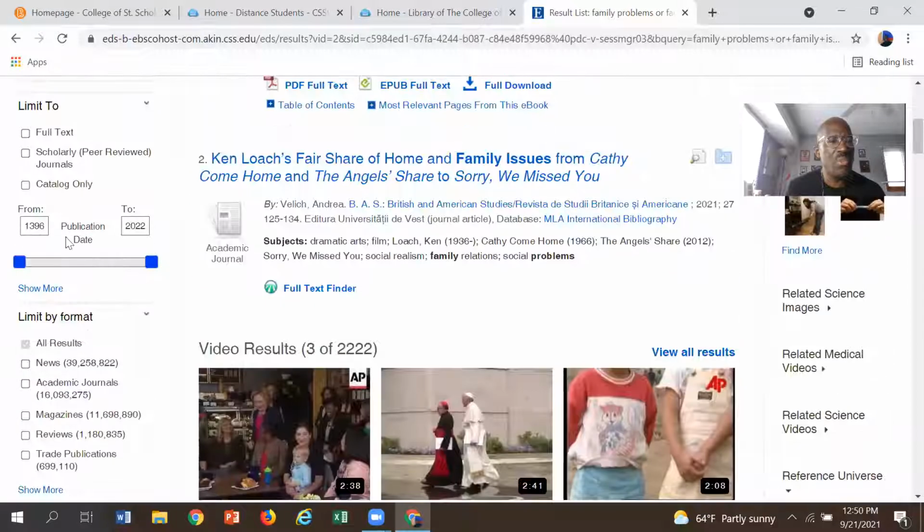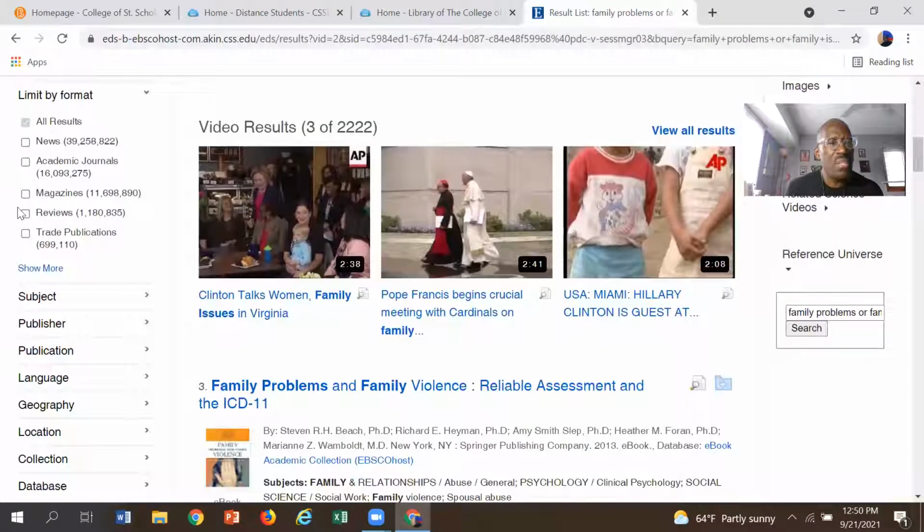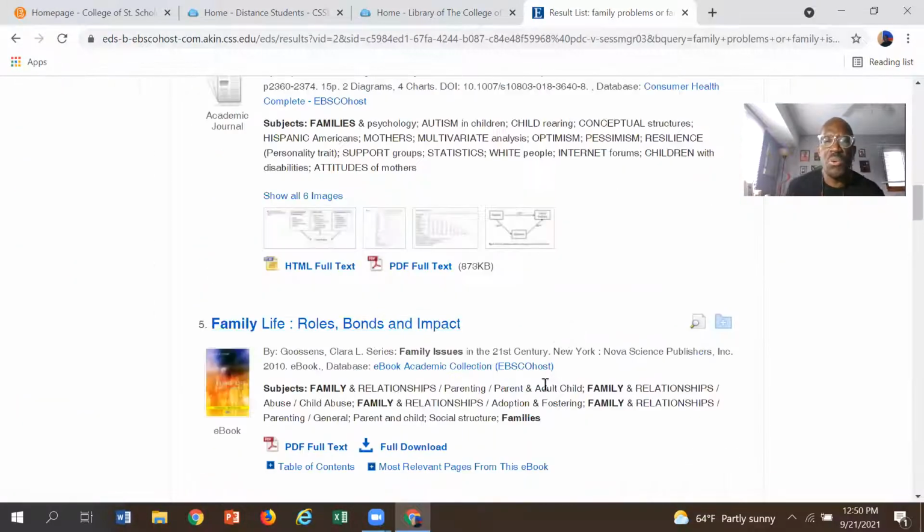You can narrow your search by looking at the types of articles you want, whether it's full text or peer reviewed. You can set a date range, like I only want articles between 2000 and 2020, so it'll pull up all of the newer stuff. You can do magazines, you can do reviews, you can do the whole nine yards.